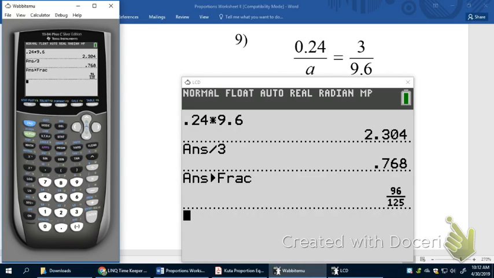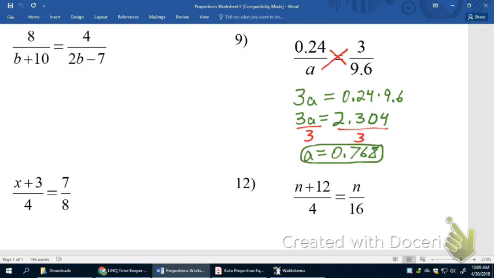So 96 over 125. Now I'm going to go back to where my work was and answer with that. A equals 96 over 125 is my final answer. You really just have to be able to recognize both answers, because sometimes it will be a fraction, sometimes it will be a decimal.